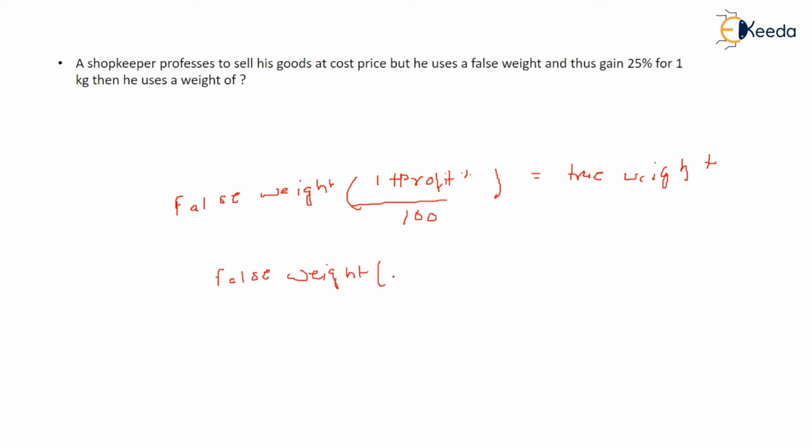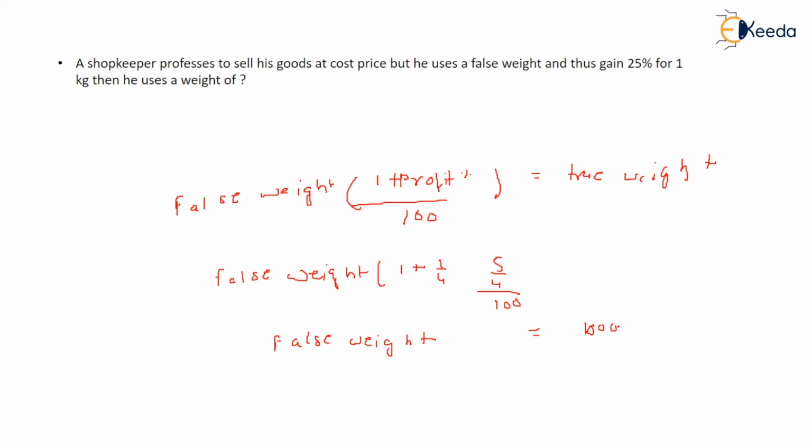So you can simply put the values now. 25%, 25 by 100, 1 by 4 upon 100. This comes out to be 5 by 4 upon 100. So 5 by 4 is what? 125%, right? This comes out to be the true weight. The false weight, you know how much it is: 1 kg, 1000 grams.